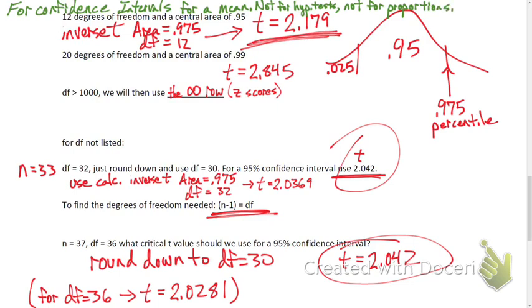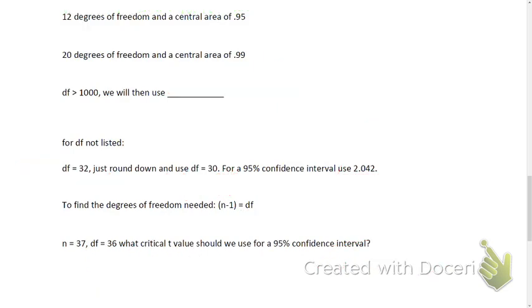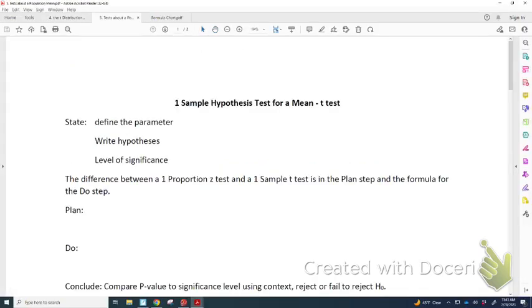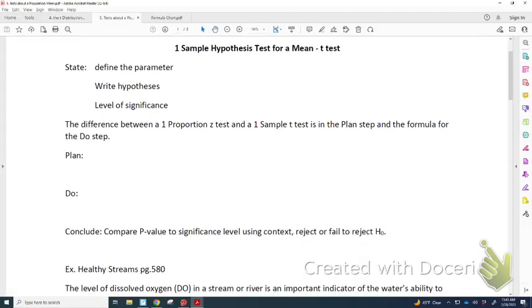All right, we moved forward and we tried to do a t-test. We didn't quite finish in third period. We'll finish the next day, but I bet we can finish it here. So let's say I'm doing a hypothesis test for a mean. Very similar steps to a 1-prop z-test.